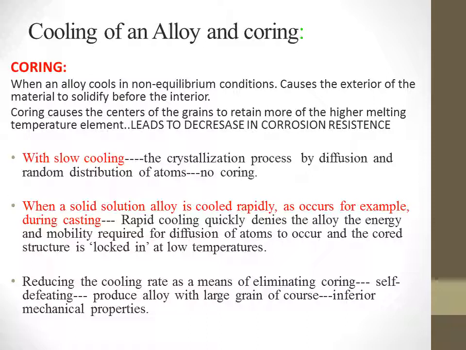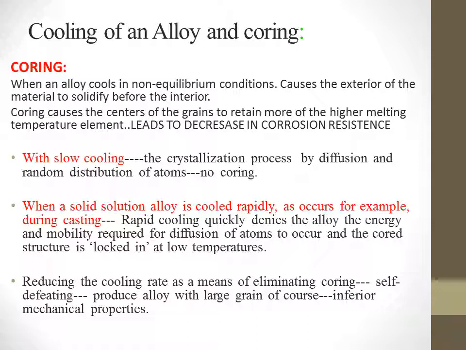So coring has been seen to lead to a decrease in corrosion resistance, which means that it makes the alloy more prone to corrosion. So how can we eliminate coring? With slow cooling. The crystallization process by diffusion and random distribution of atoms, no coring. What happens if the solid solution is cooled rapidly?